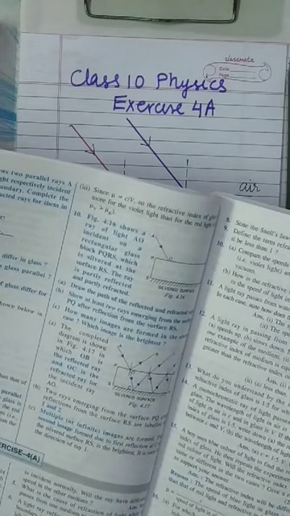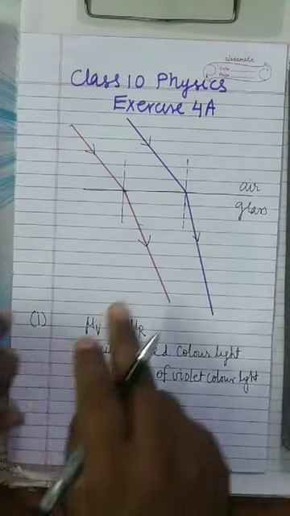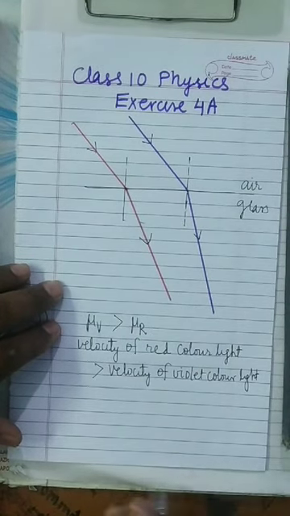Then, are the two refracted rays in glass parallel? No, they are not parallel. Why? Because the reason is also asked.